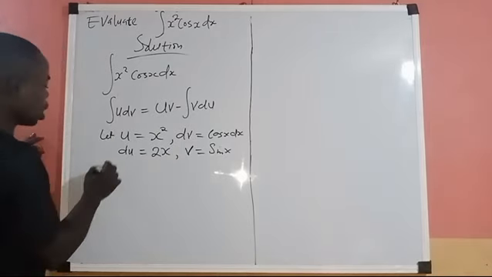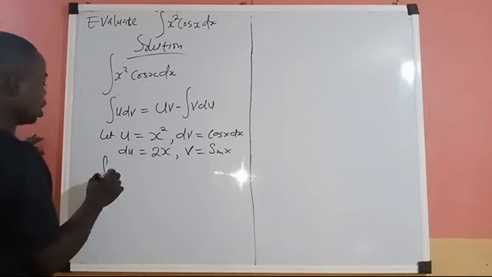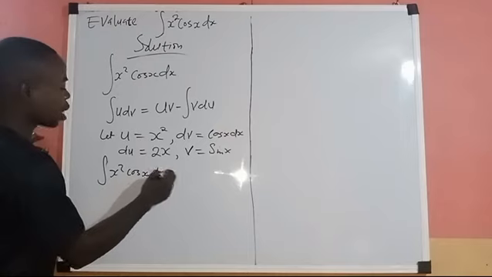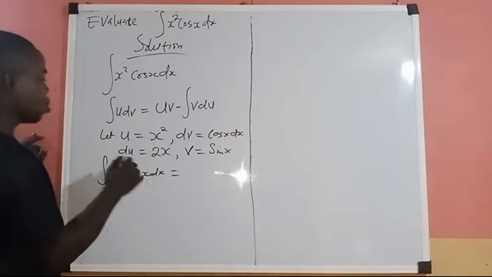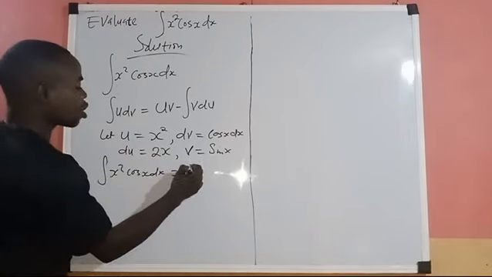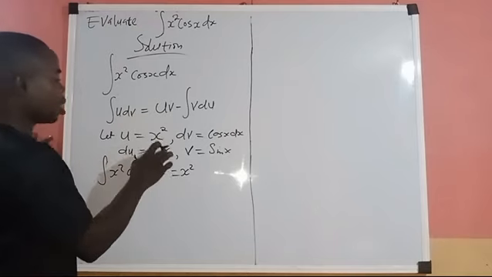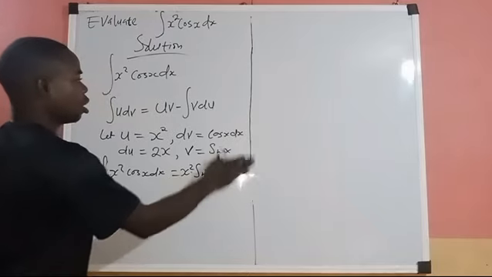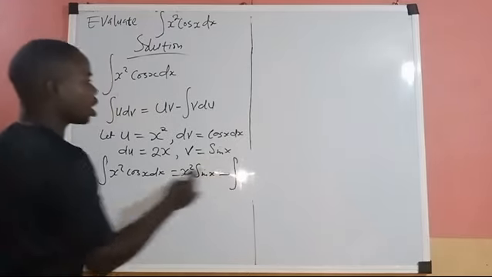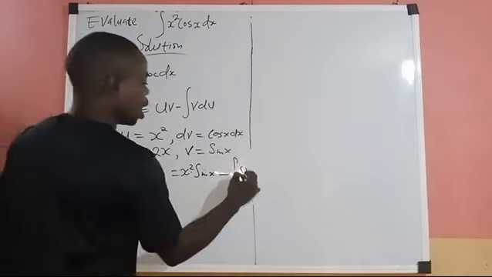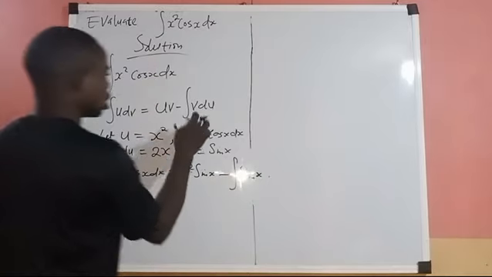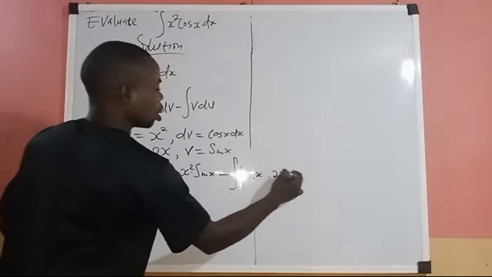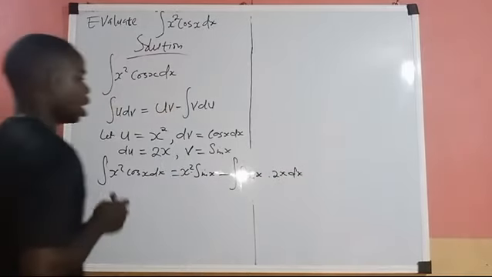Then substituting in this formula, the integral x squared cos x dx now becomes u times v, that is x squared times sine x, minus integral of v, which is sine x, times du, which is 2x dx.